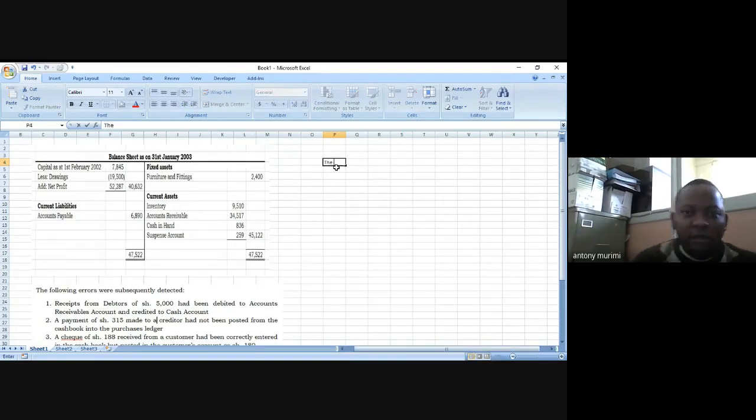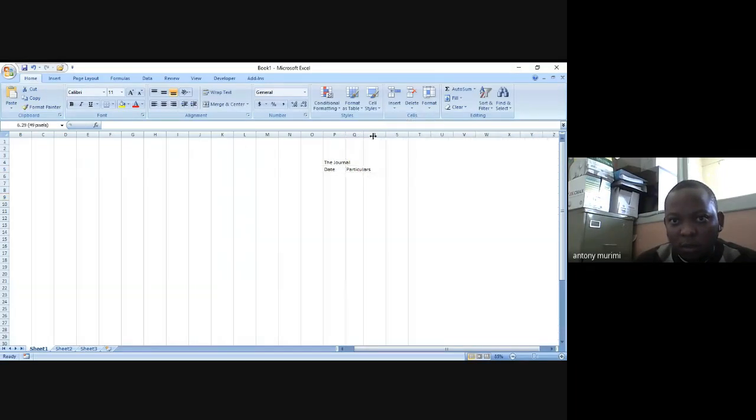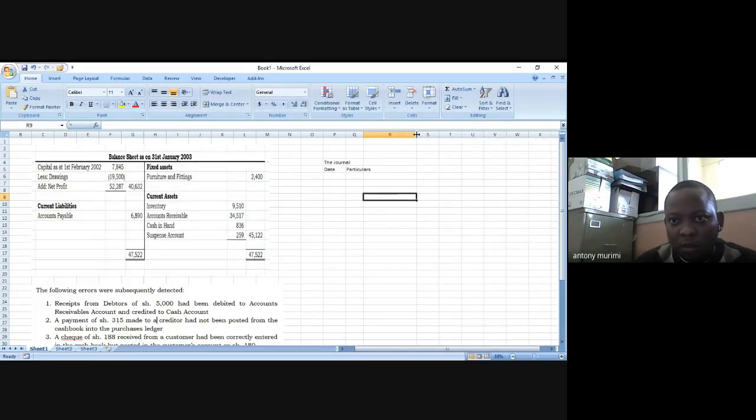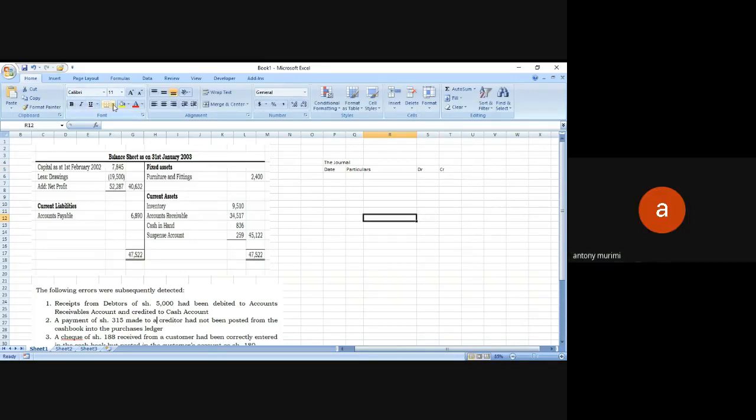So the journal has various columns. We have the date column, the particulars, the debit column, and the credit column.